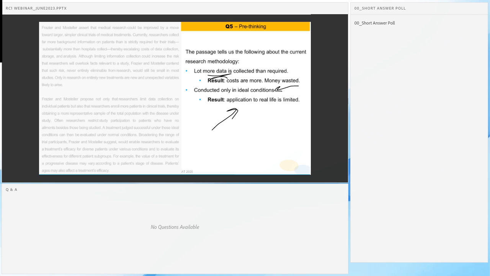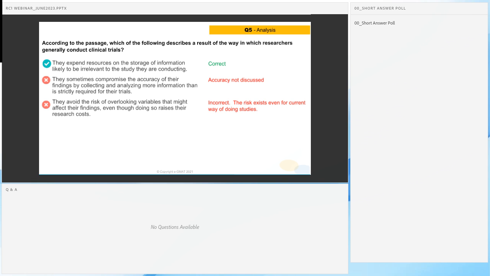Those are the two results that we can get in terms of our pre-thinking. Always pre-think. When you look at the answer choices, choice A is what matches this. That's really, really important overall.